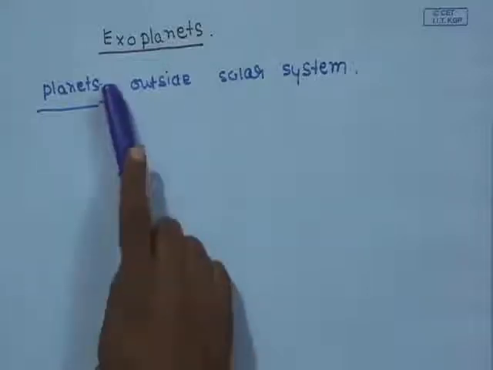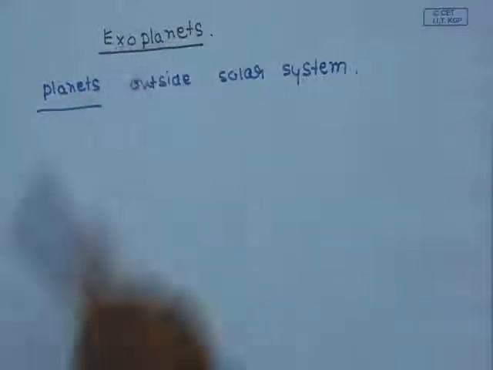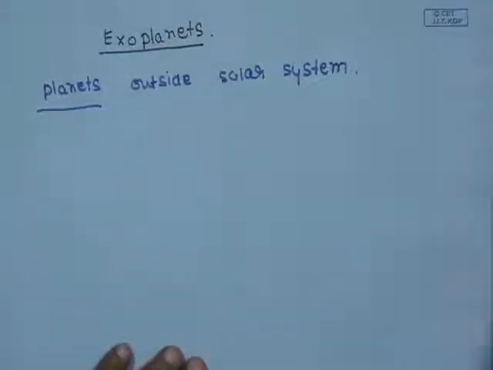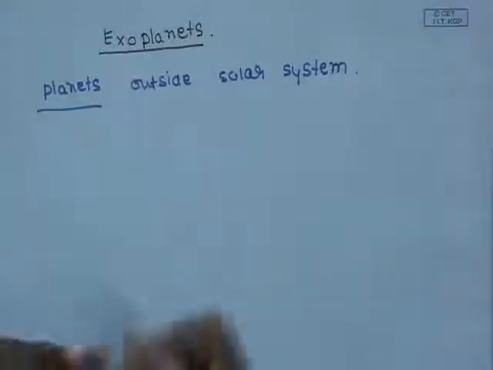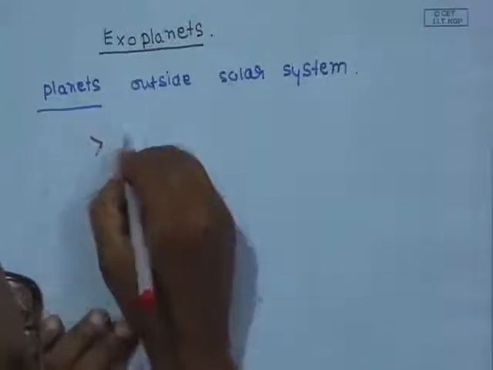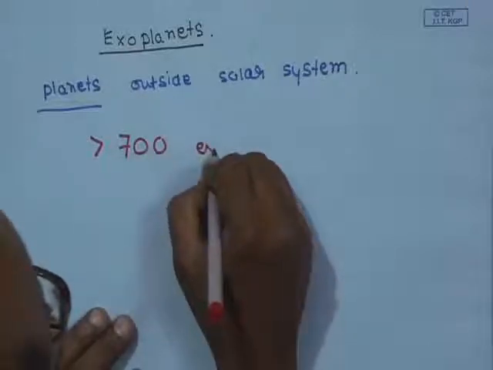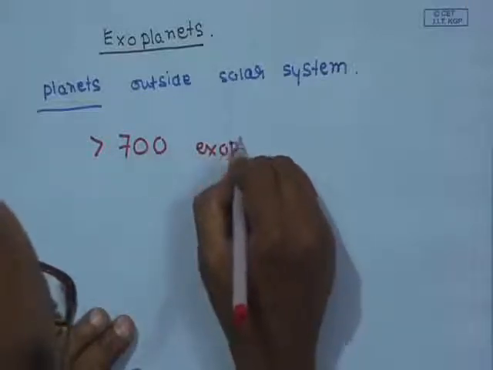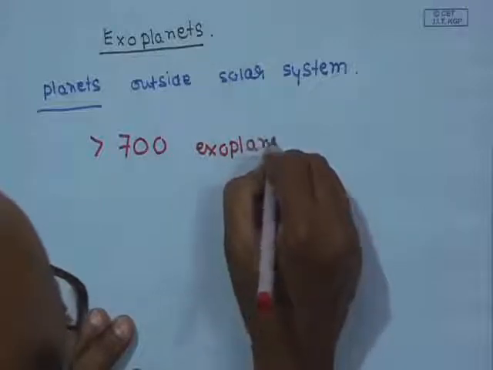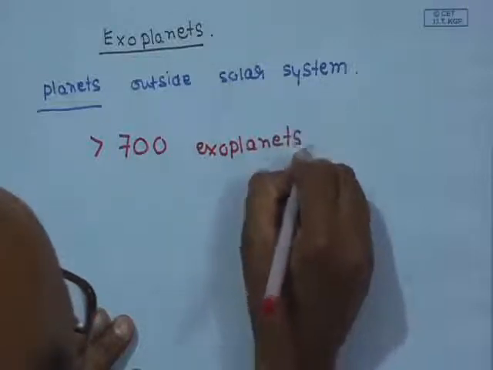So, these are referred to as exoplanets, and at present there are more than 700 exoplanets that have been discovered, and this is an ongoing process. So, the number keeps on increasing.